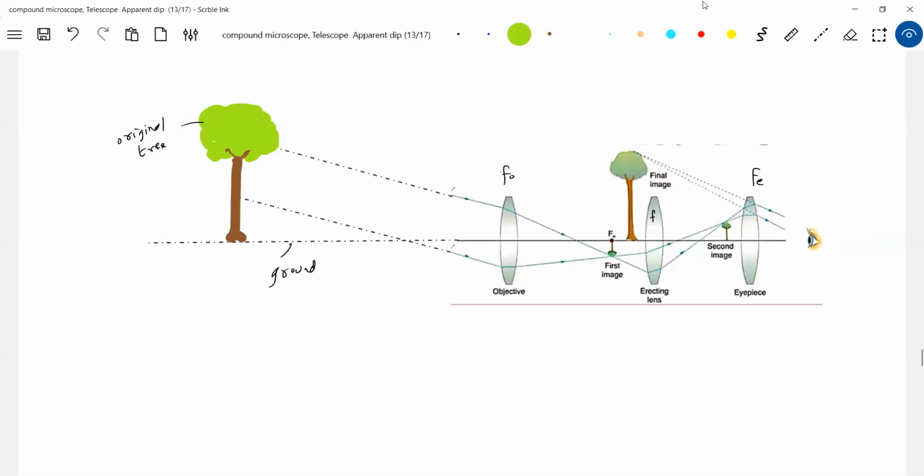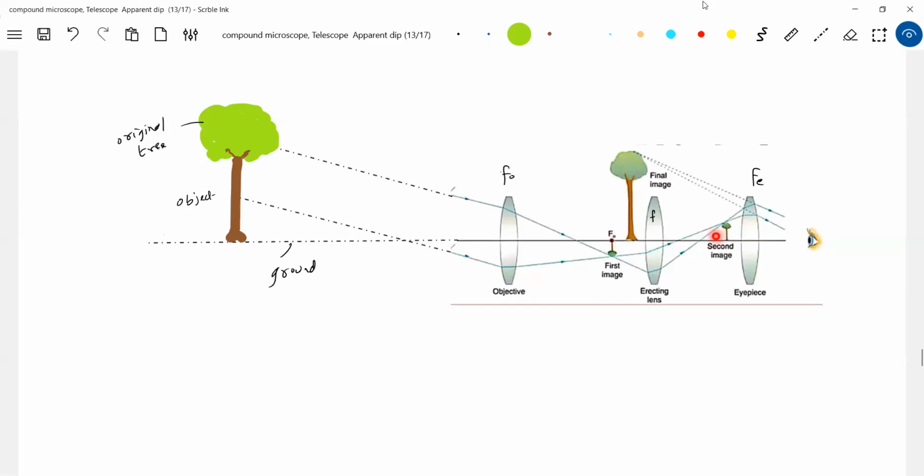First, the object. There's an object, and there's a final image. I think everything is written clearly. The objective will form the image of this object, the first image, which you can call I1. This erecting lens will form its image.